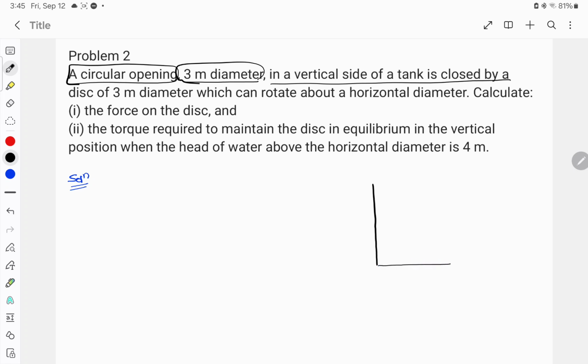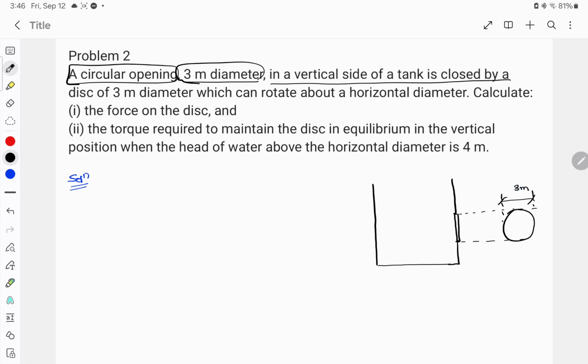So I'll just draw a tank, and I will say this is the opening. If you see it from the side view, it will look like this, but if you see front view, it will look like this. There is a circle of what diameter? 3 meter.